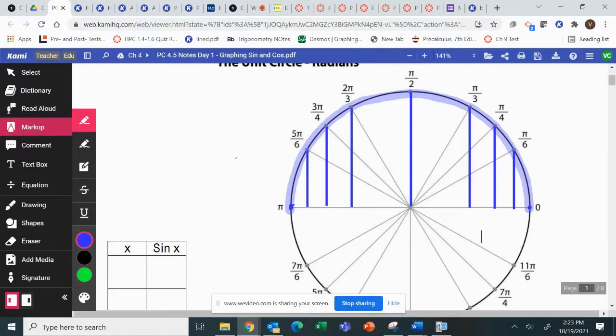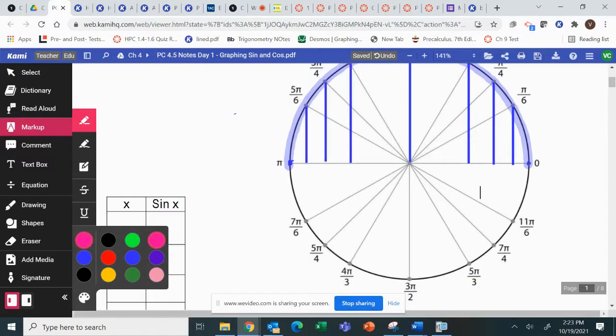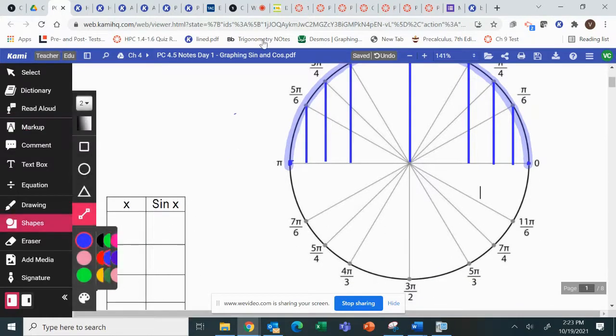Now, when we go into the third quadrant, our y values start to get longer again, except what also is different about the third quadrant? They're negative values. So we're going more negative and more negative until we get most negative at -1.